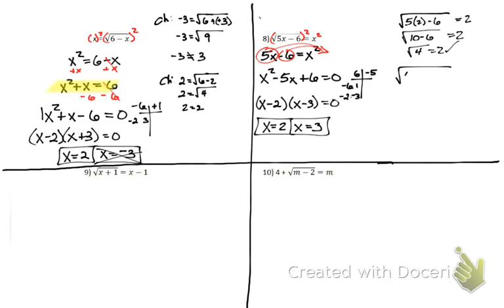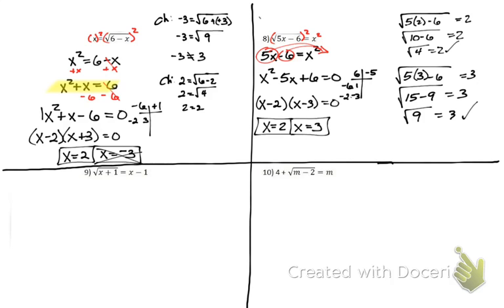Square root of 5 times 3 minus 6 equals 3. Square root of 15 minus 6 equals 3. Square root of 9 equals 3. So that checks out. So both answers work here.